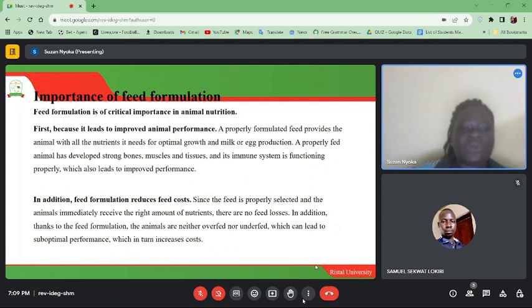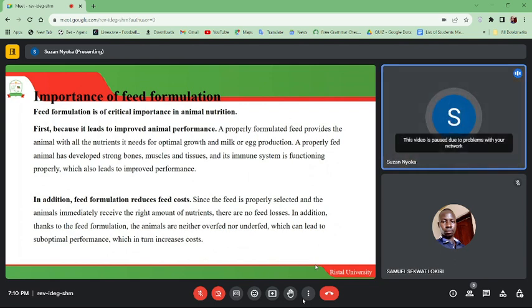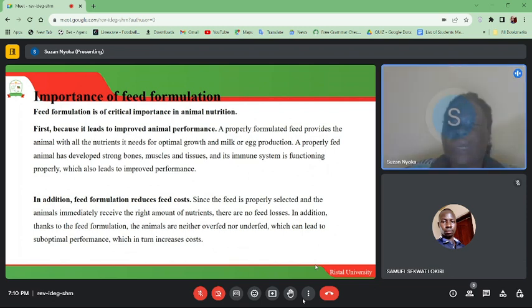Second importance, feed formulation reduces feed costs. Since the feed is properly selected and the animals immediately receive the right amount of nutrients, there are no feed losses. In addition, thanks to the feed formulation, the animals are neither overfed nor underfed, which can lead to suboptimal performance, which in turn increases costs.